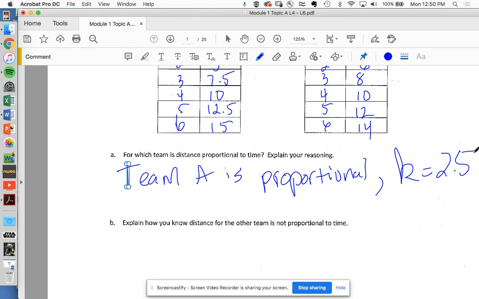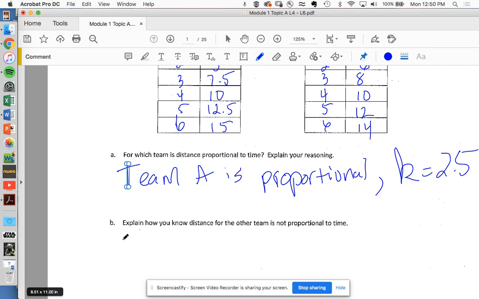Now, B, explain how you know distance for the other team is not proportional. Now, if we look, 1 multiplied by 4 is 4. 2 times 3 is 6. 3 times, I don't know what, is 8. 4 times 2.5 is 10. It's a different K value. Okay?